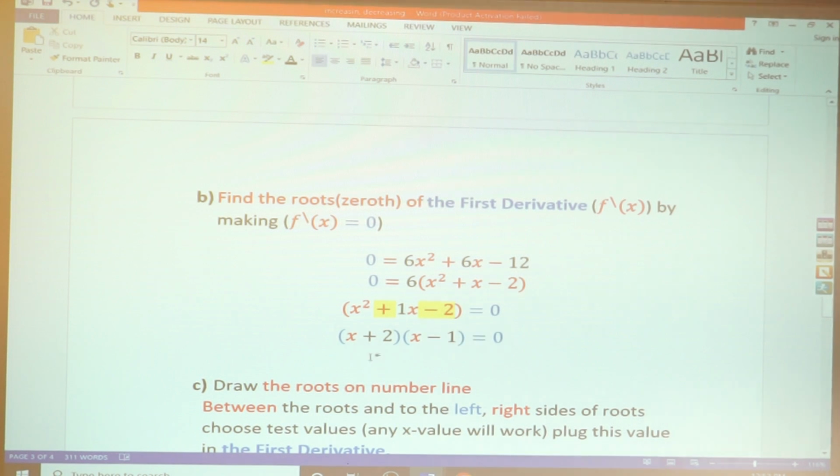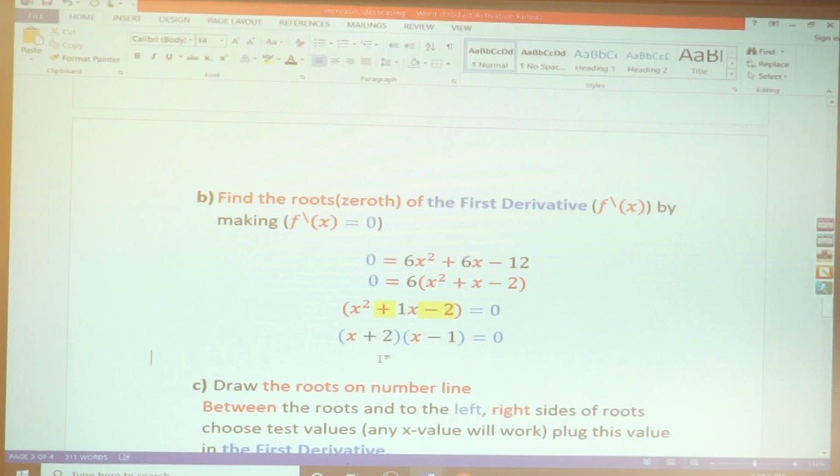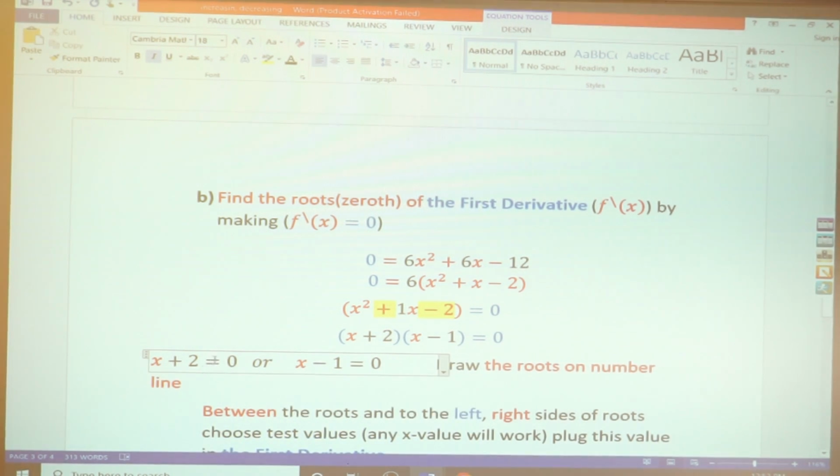Now solve these 2, which is easy. Either x plus 2 equals 0, or x minus 1 equals 0. This gives you 2 answers for x.